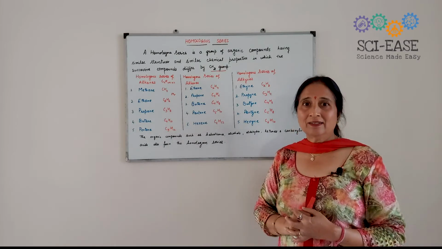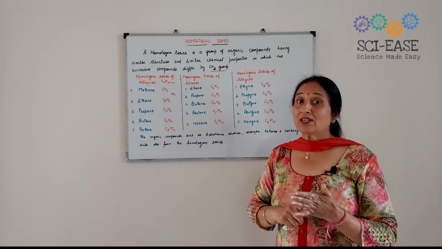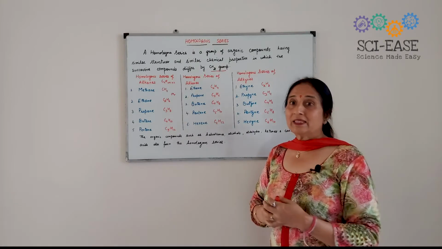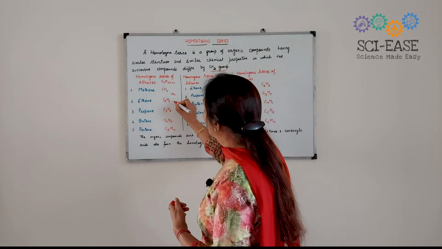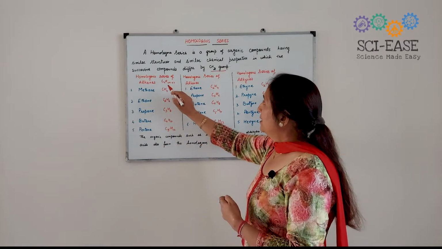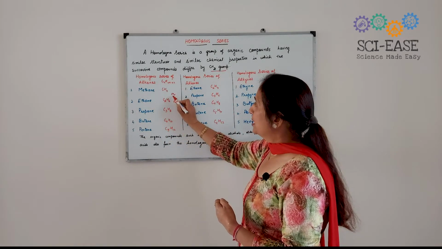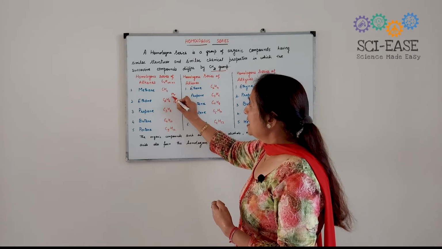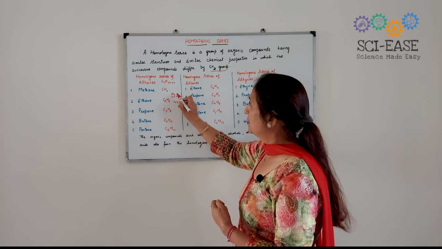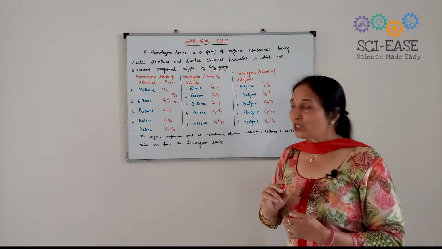Third, the difference in the molecular masses between the two adjacent members should be 14 u. How does it come? CH2 is the difference, 12 for C and 2 for the molecular mass of two hydrogens.